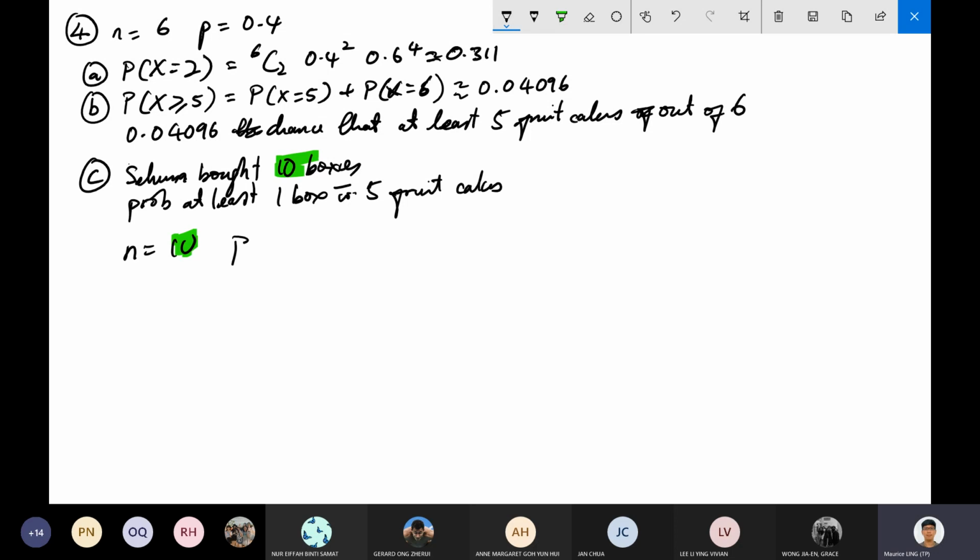But the probability of success, from the previous part, is 0.04096, because this is the probability of at least 5 fruit cakes.